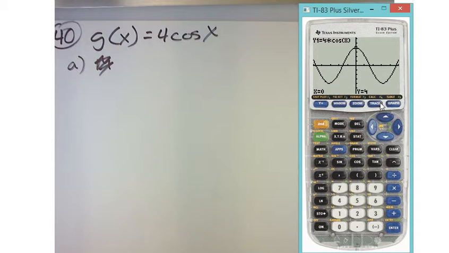it's increasing from here to the next peak, right? So what are those values? Well, it looks like from pi to about 2 pi.